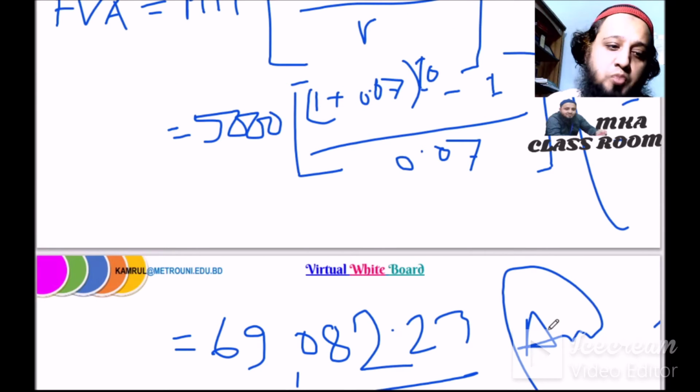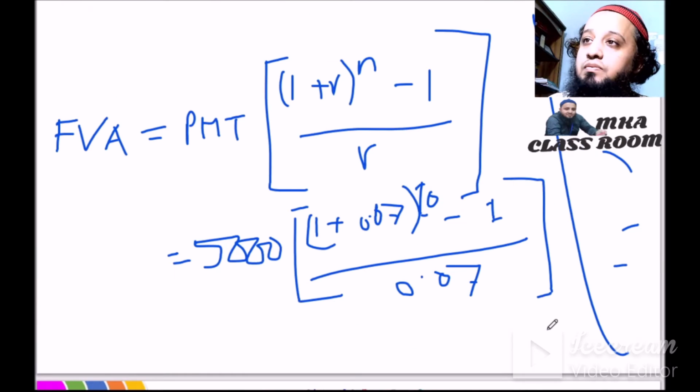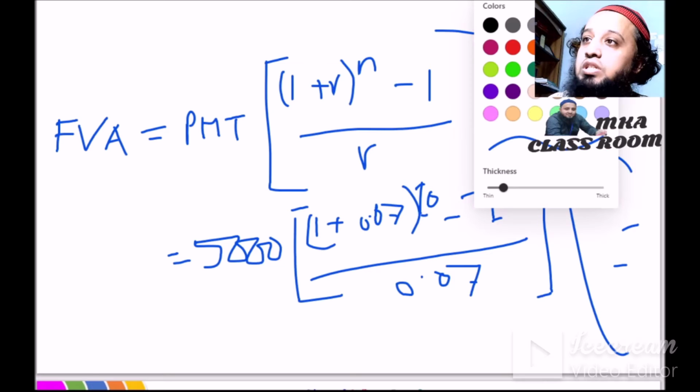So the rest of the portion, how much would you have if you deposit the first 5,000 today? That means it is an annuity due, future value of annuity due.